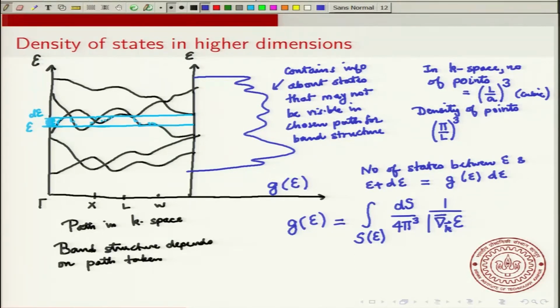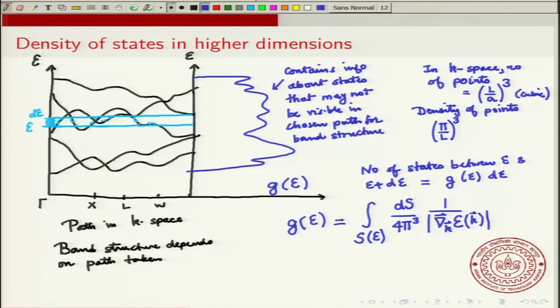Again, this derivation is slightly complicated. I am not going to do this in detail, but the idea is that the gradient is like dE by dk, so this is dk by dE. So, you are writing this in terms of this gradient in K space.